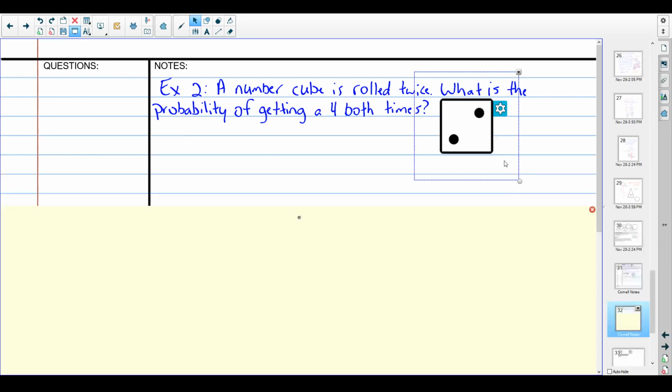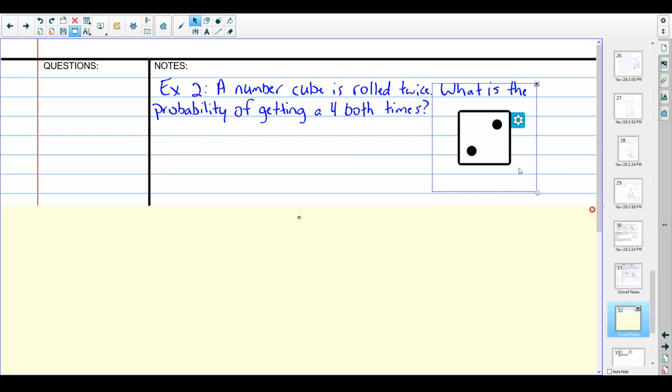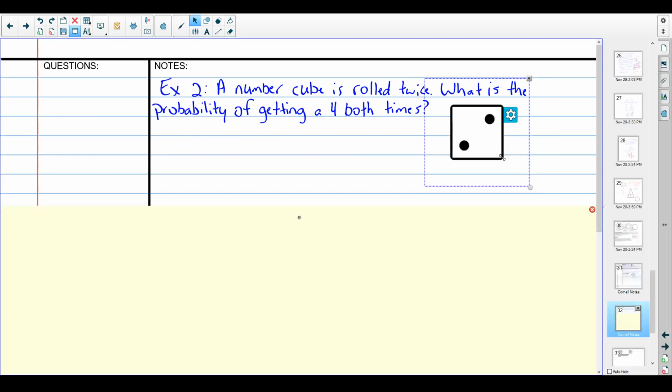We could get a 1, or we could get a 2, we get a 3, 4, 5, or 6. So what we want is the probability of a 4, and then we want to get 4 again.